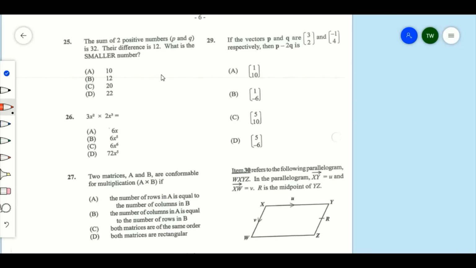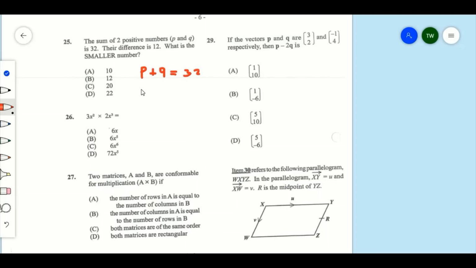Question 25. The sum of two positive numbers P and Q is 32. Their difference is 12. What is the smallest number? So what we know is that P plus Q is going to equal 32.